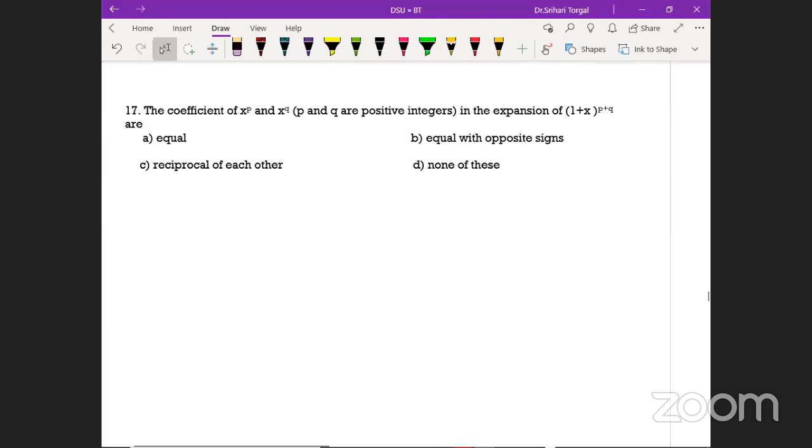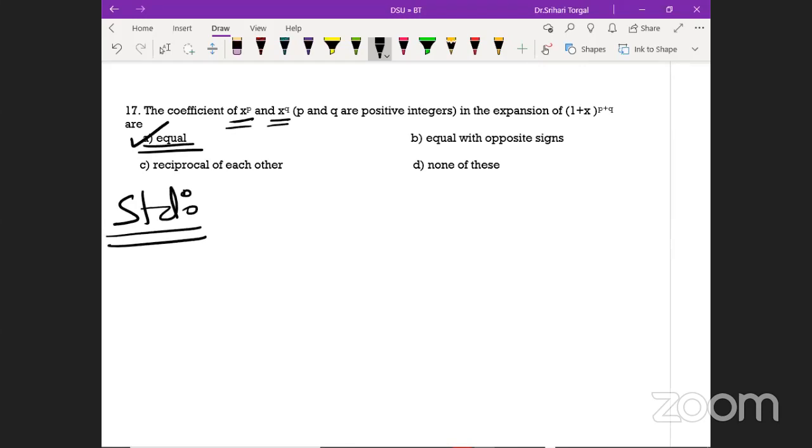Just now I have explained it. Its coefficients are equal. When they are the middle terms, the coefficients are equal, right? Yes, standard result. Remember. Or else you can write it down, no problem.